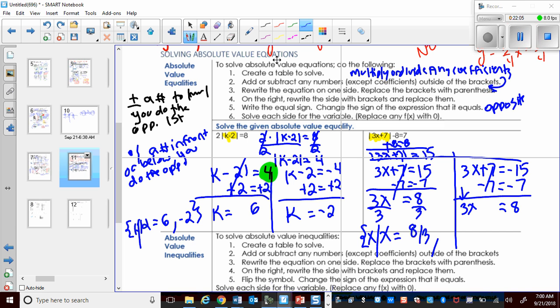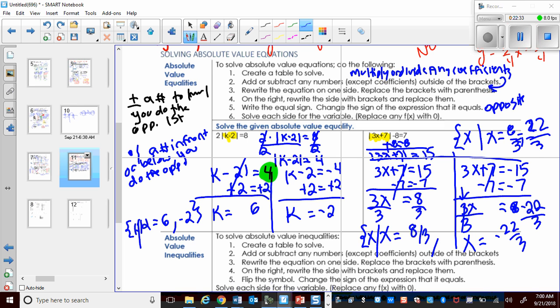Equals -22. Divide by 3 on both sides. And I get x equals -22 over 3. And I said I wanted to write that in set notation. So curly bracket, x bar, x equals 8 over 3, comma, -22 over 3, curly bracket closed.